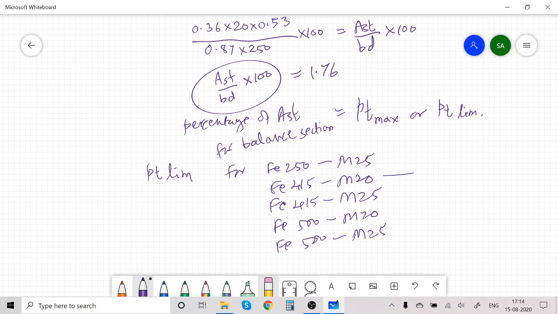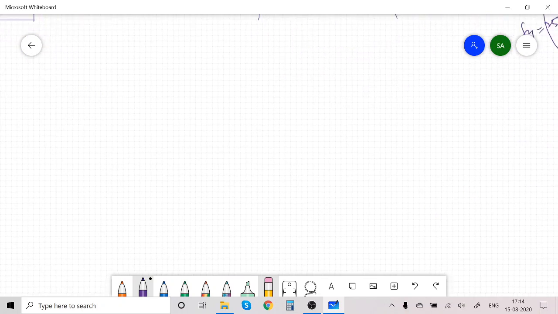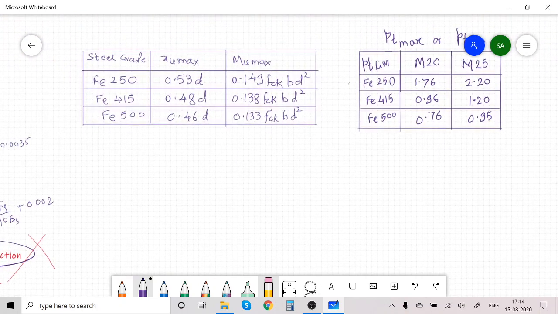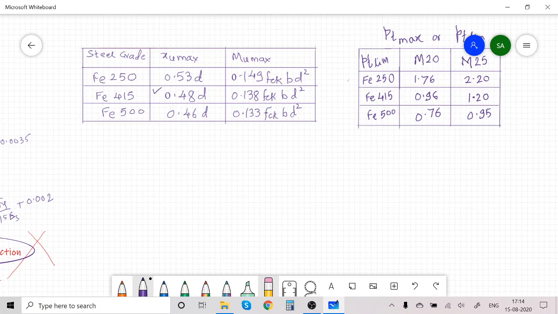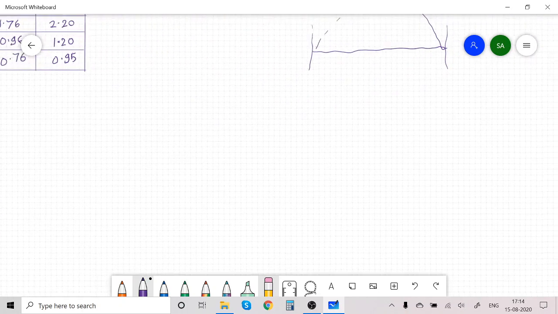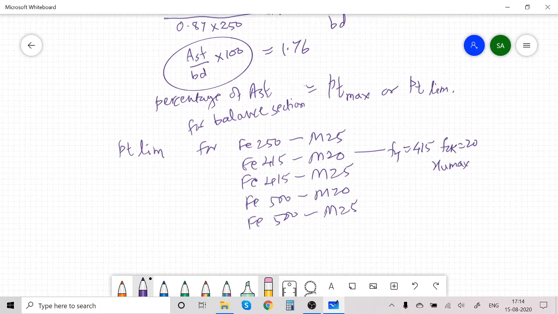See, for the Fe415 and M20 combination, Fy is 415, FCK is 20, and XU max, for Fe415, we calculated last time, is 0.48 D. So here you can substitute the value of XU max 0.48 D for the combination of Fe415 and M20.